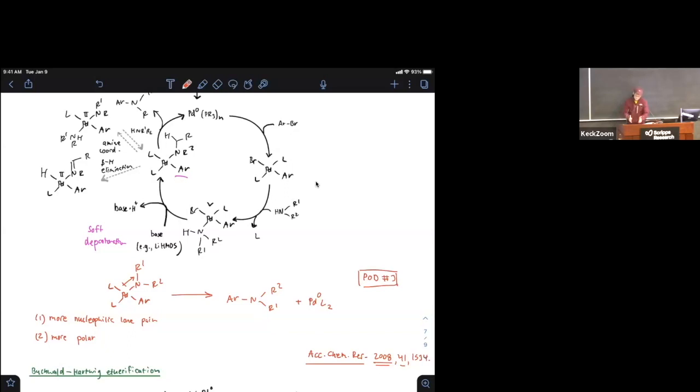So if we have an ancillary ligand L, and we make the L groups more electron poor, then for sure that's going to accelerate reductive elimination. When it's one of the groups involved in the bond forming step, there's some subtlety here. It depends whether it's acting effectively as the nucleophile or as the electrophile. Does that make sense? In this case, it's acting effectively as the nucleophile.